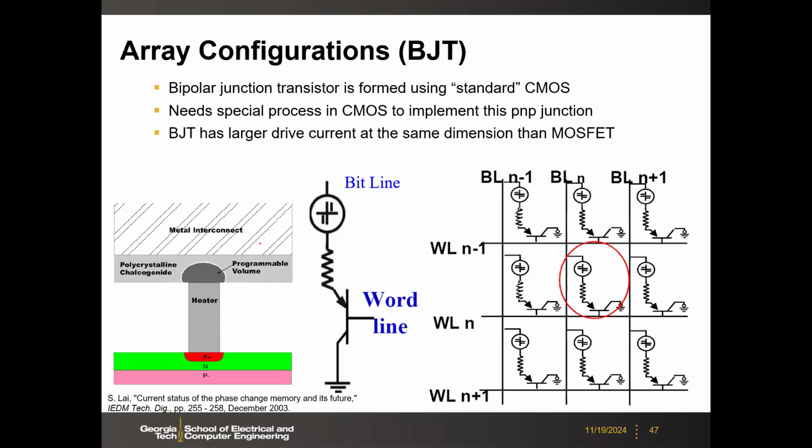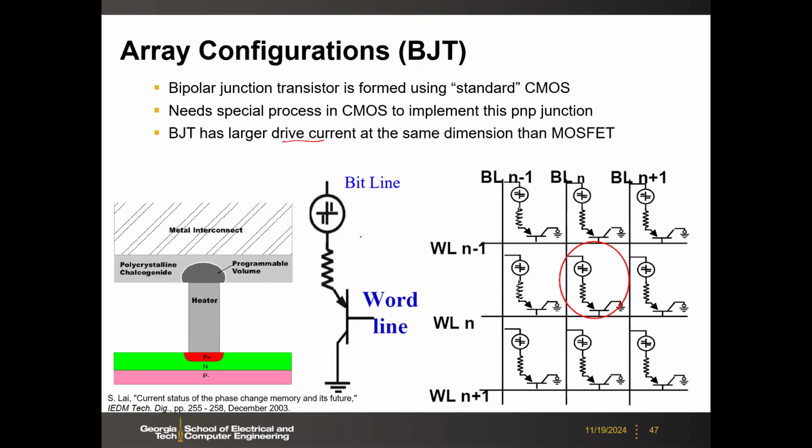That is the drive current given the same dimension is higher than MOSFET, because here the phase change memory is too power hungry. So the BJT given the same width of the transistor will provide more current, okay, than MOSFET. So then that will help with the cell size. You don't need as large a channel width as the MOSFET to provide the current.